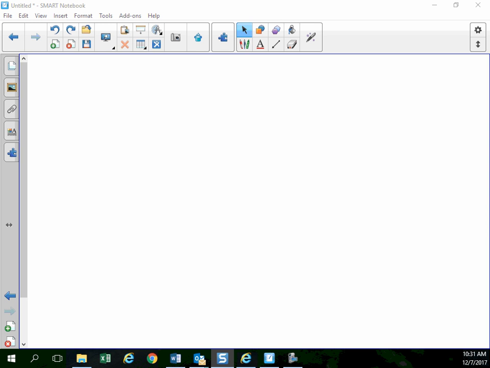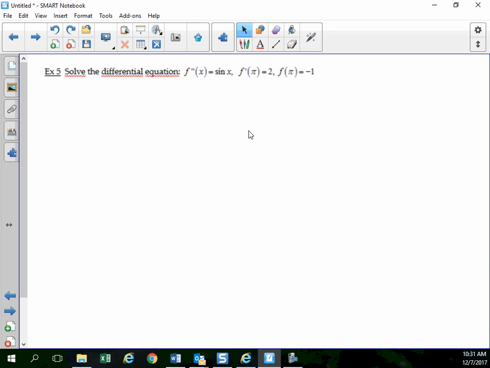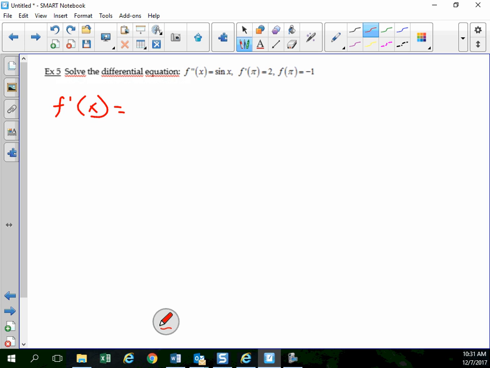What's the first step on the last one? What's the first step you're going to do? Integrate. Which gives you the first derivative. All right. Omar, if I integrate sine of x, what do you get?